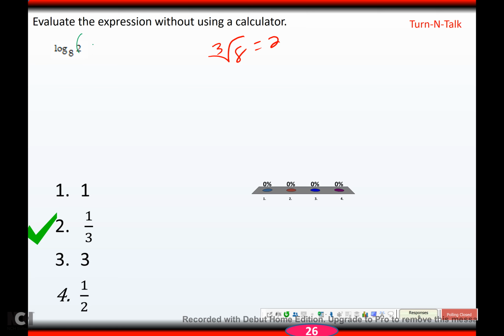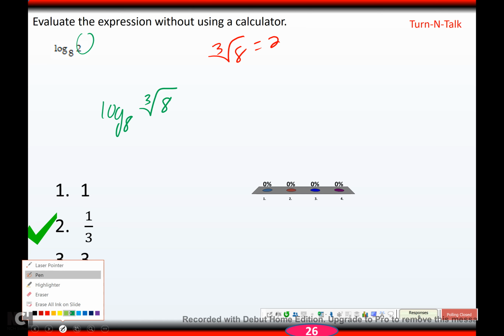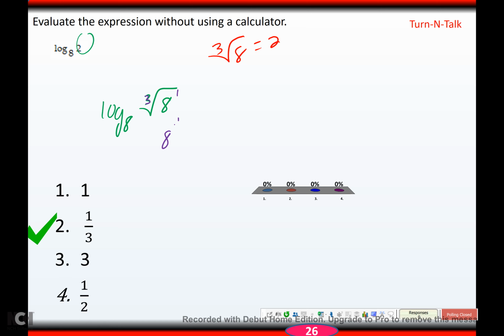Yeah, I would rewrite this 2 as the cube root of 8, because the cube root of 8 is still 2. Then I would get out of the radical, which would be 8 to the 1/3, log base 8. And now these match, so my answer is 1/3.